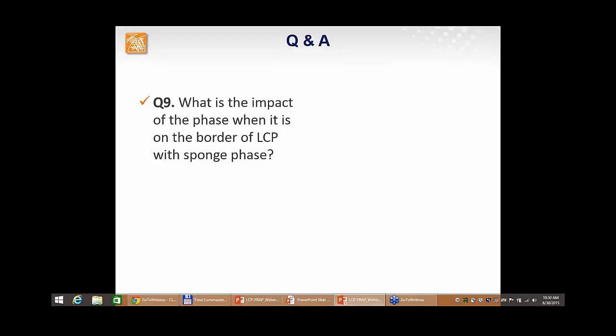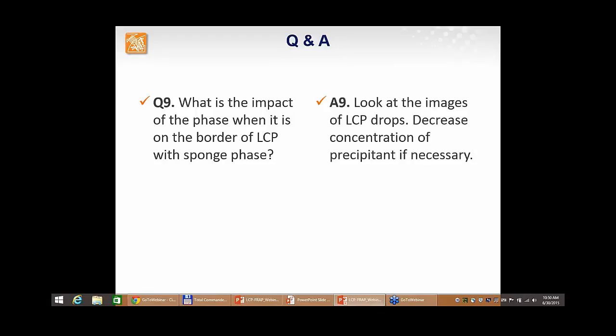Question number 9, what is the impact of the phase when it is on the border of LCP with sponge phase? As I explained, these assays are designed to be used for proper LCP droplets. They do not provide useful insight in case of a sponge phase. If your precipitant conditions are close to transforming LCP into a sponge phase, you can perhaps decrease a little bit the concentration of the precipitant if necessary.